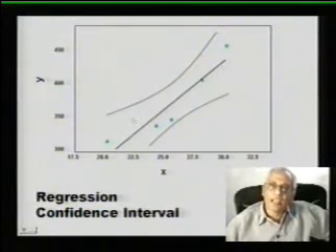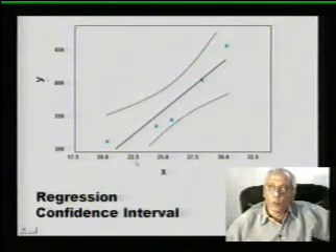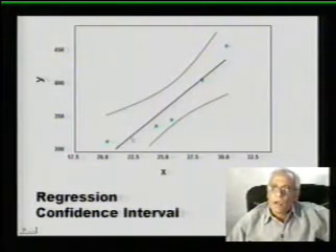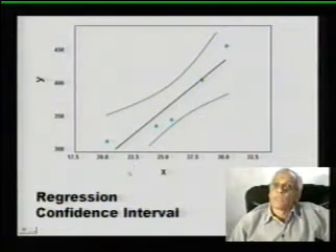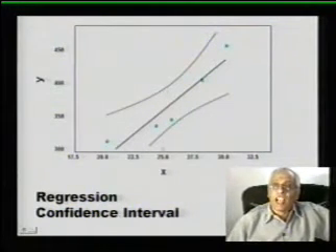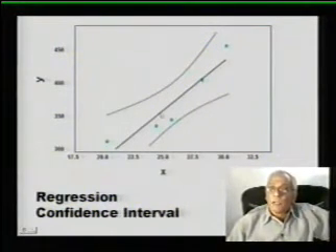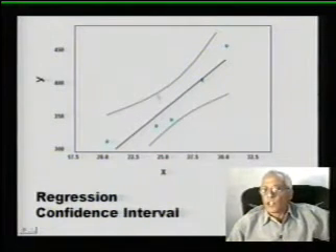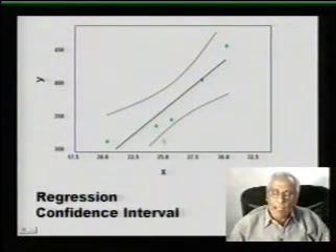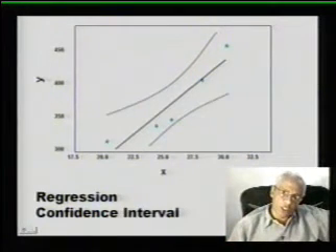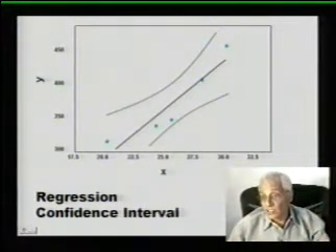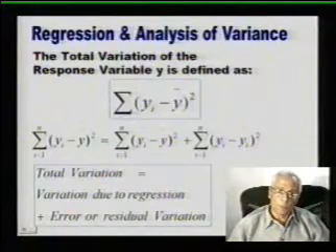The predicted value at x of 22.5 may be here, but it may also range from here down to here. The predicted value at 25 may be here, but it may also range from this point to this point. That's establishing confidence on our regression line, on our predicted values, actually. Very good.